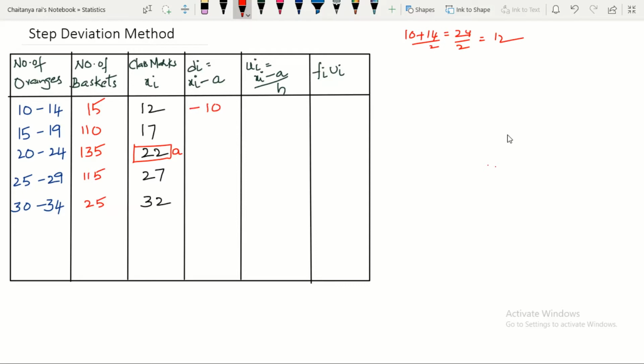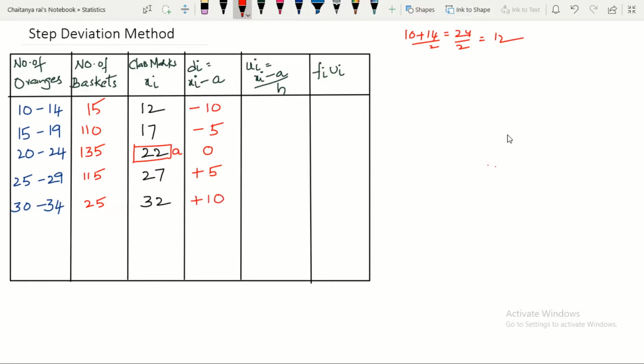This gives negative 5. 22 minus 22 gives 0, and 27 being greater than 22 will get a positive value, so that is 5, and here we'll get the value as positive 10.